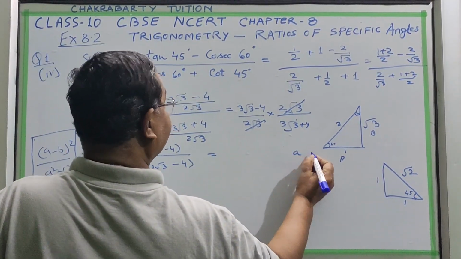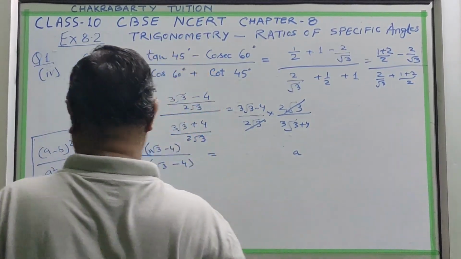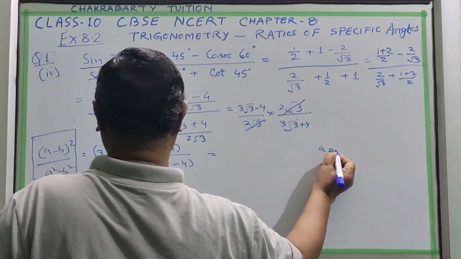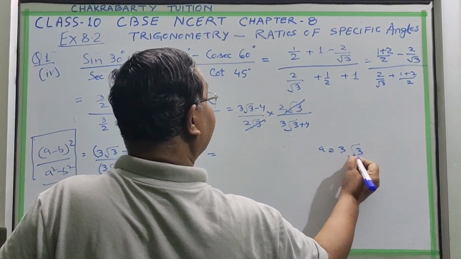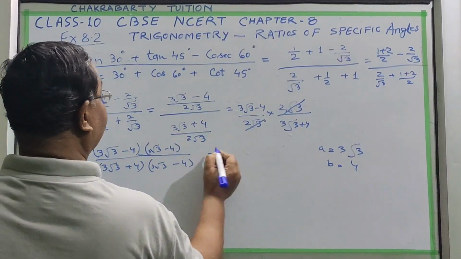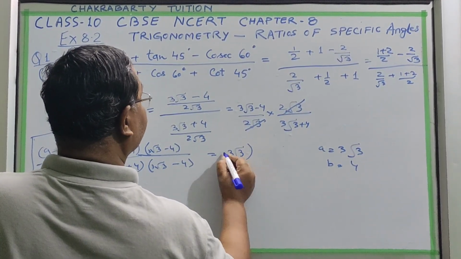Here A equal to 3 under root 3 and B equal to 4. So A square means 3 under root 3 whole square.